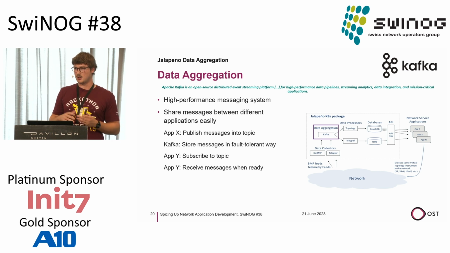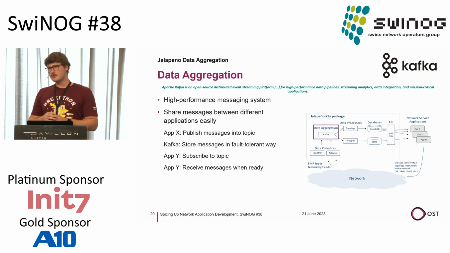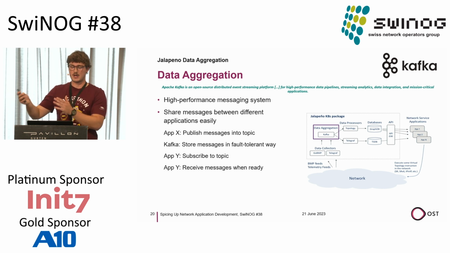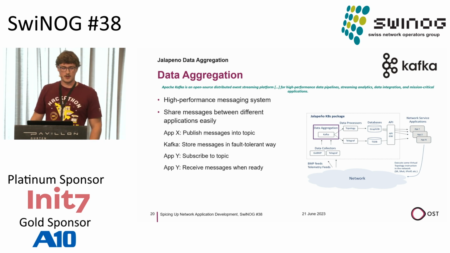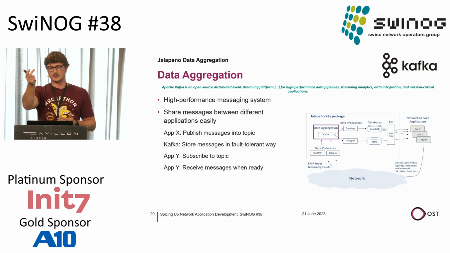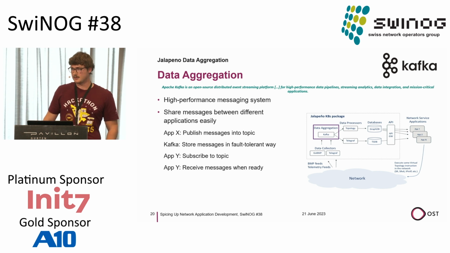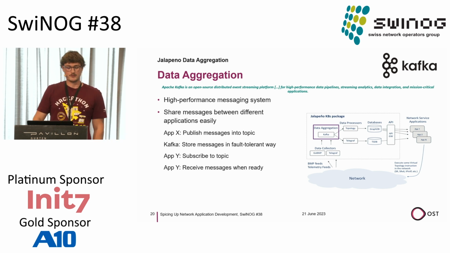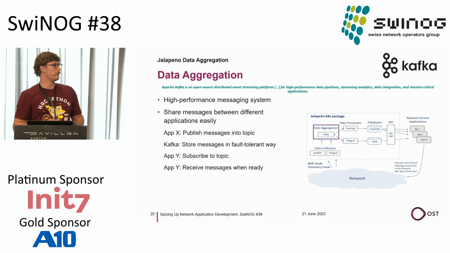One application publishes, so sends messages, into a topic. A topic is more or less just a channel, so you can have different topics or channels on Kafka. And as soon as the application has sent the messages, Kafka will store it in a fault-tolerant way. And then another application can subscribe to this topic or listen on the topic and thus receive the messages when the application itself is ready.